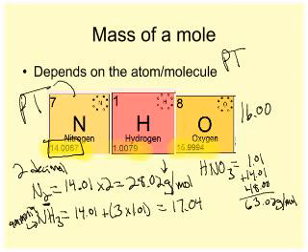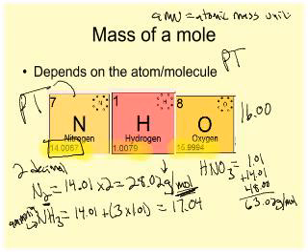There's another unit for the mass of a mole that's sometimes used. Because we say this is per mole, well, what if you want to know the actual mass of one molecule or one atom of it? You don't have to use grams per mole. You can use AMU, which is the atomic mass unit. Really, you just do a little fudge factor and say we'll make the units atomic mass units.